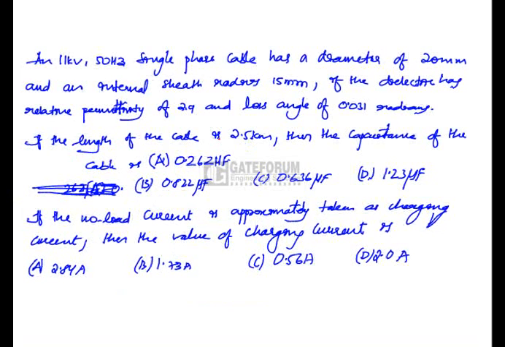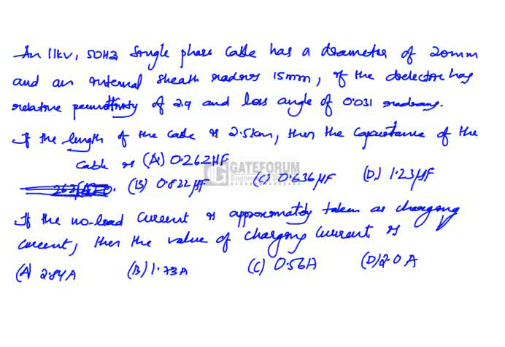A 11 kilovolt, 50 Hz single phase cable has a core diameter of 20 mm. That means we have a single phase single core cable. Diameter is 20 mm, so radius is 10 mm, and an internal sheath radius of 15 mm, measured from the center of the core to the sheath.